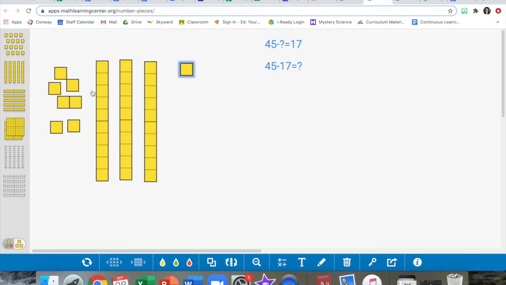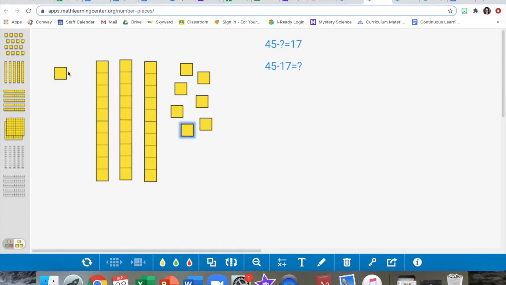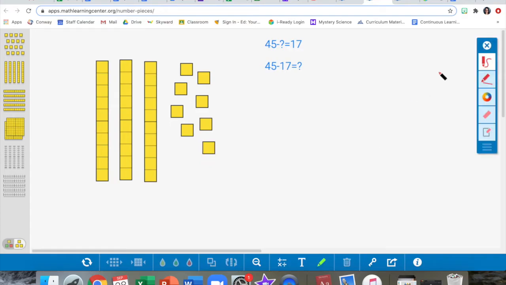Okay, we've taken away the 7 ones in 17, and we're left with, looks like, 8 ones. I'm going to quickly keep track of that in my equation. Let's use red. We've used up the 7 ones, and we know that now there is an 8 in the ones place in our answer.